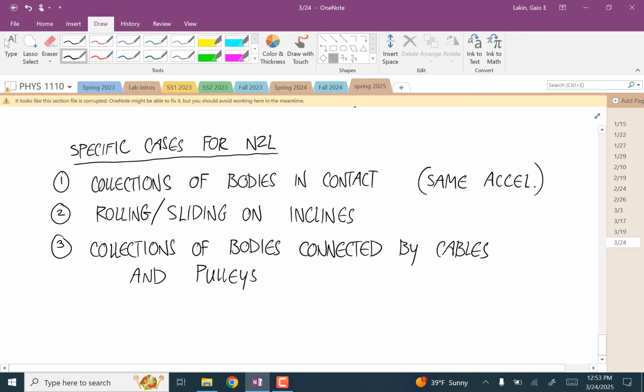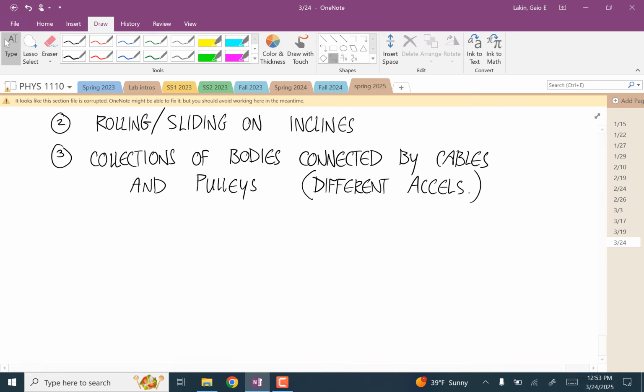Okay, so this has different accelerations. Okay, so I'm going to start out with collections of bodies that have the same acceleration.